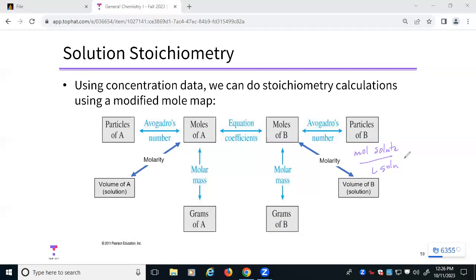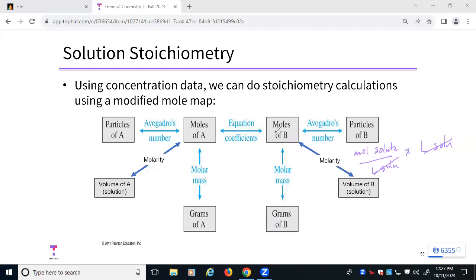Well, if I know the volume of my solution, I can convert that volume into moles by simply multiplying that volume in liters by the molarity. And if I did that, liters would cancel, I'd have moles.